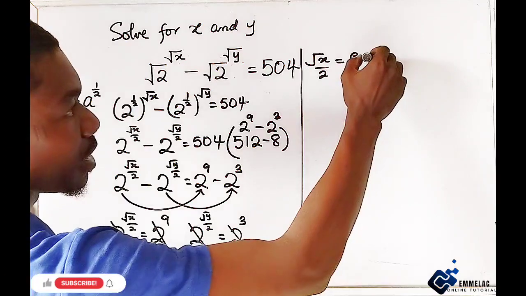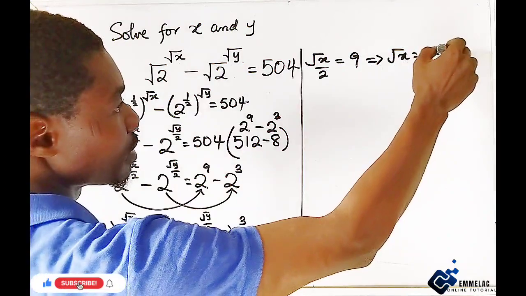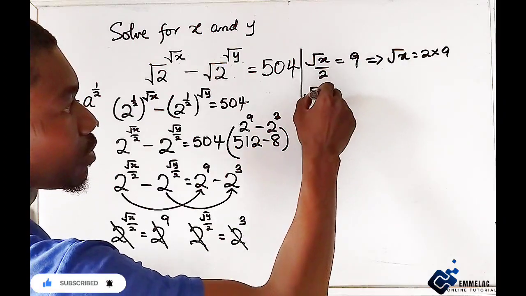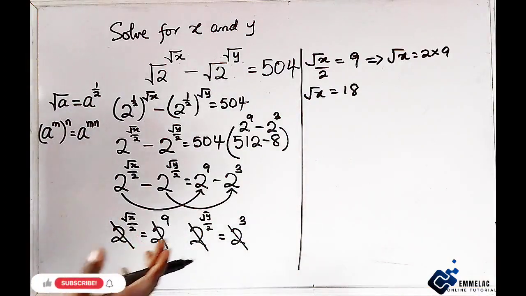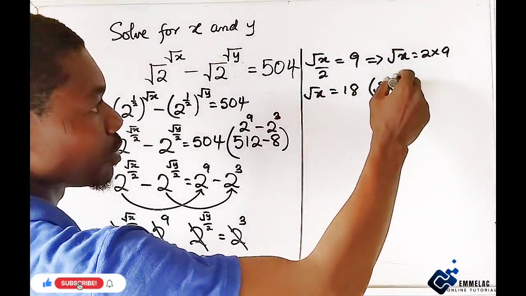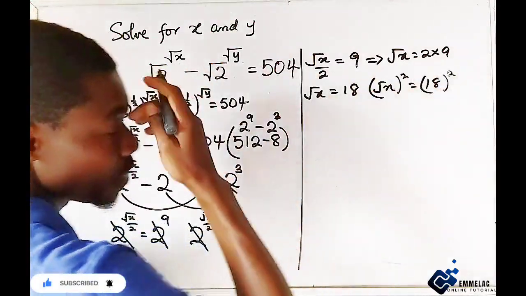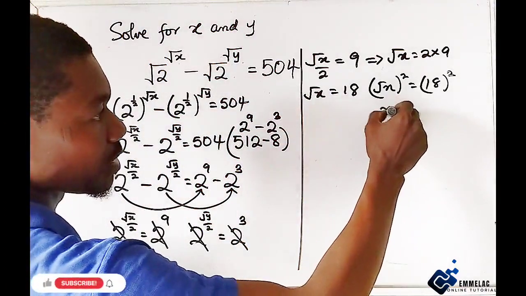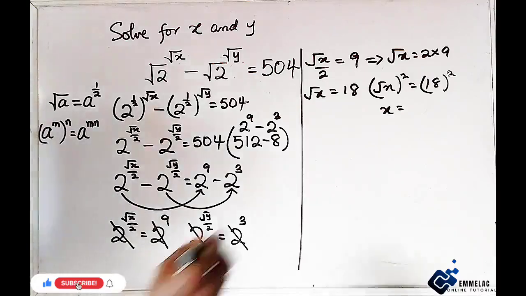So the square root of x will be 2 times 9, which gives us 18. Now let us square both sides to find the value of x. So the square root of x all raised to the power of 2 equals 18 raised to the power of 2. So x will give us 324.